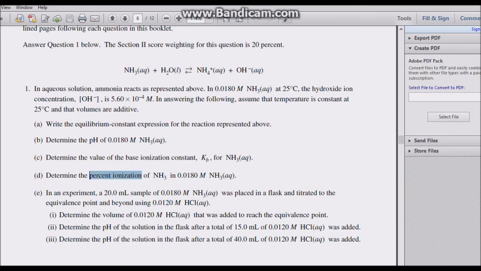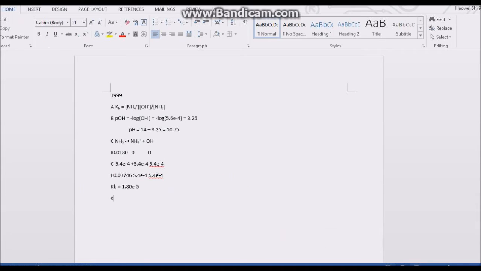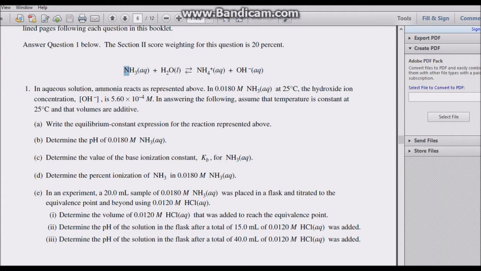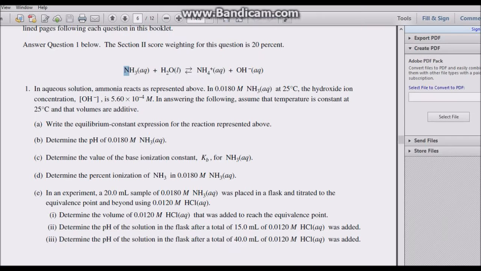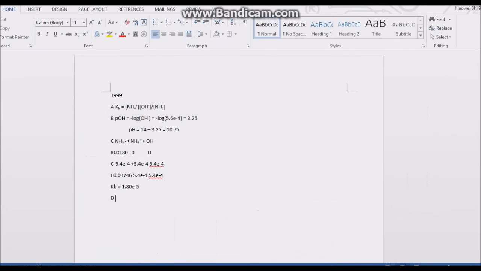Percent ionization is how much of a molecule that has been dissolved is changed to ions in water or some other similar solvent. Since it's just simple division, it is just OH minus divided by NH3.